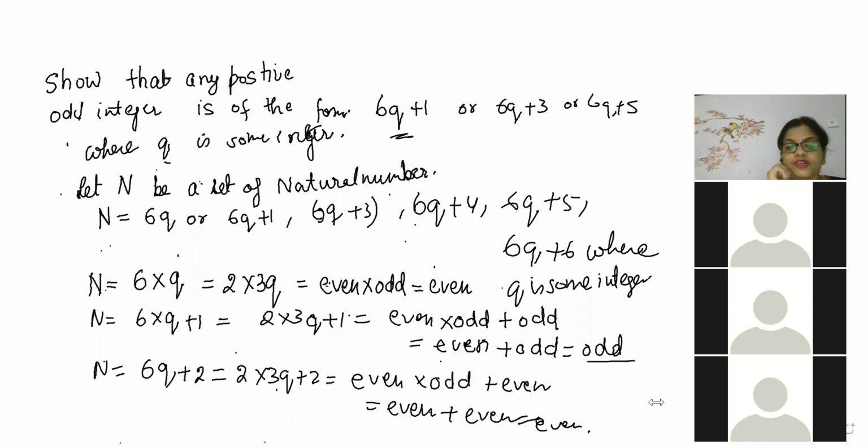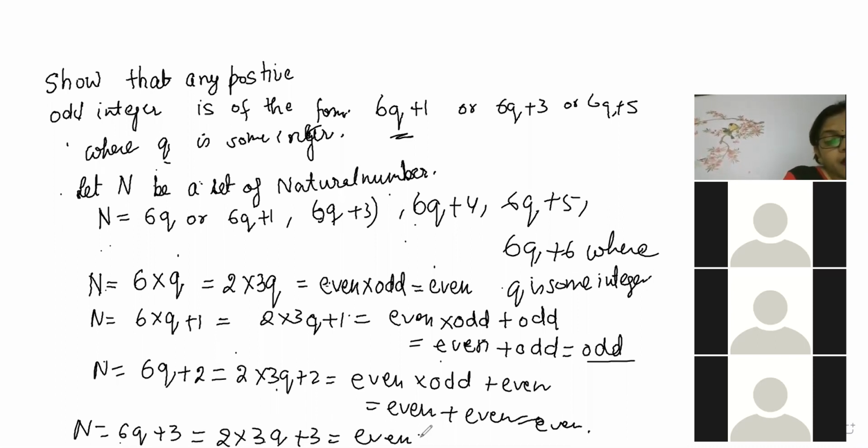Yes or no? So beta, what have we understood? Next number is what? So even into odd will give even. Even plus odd will always come odd.